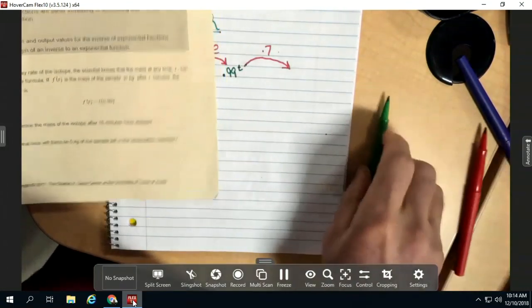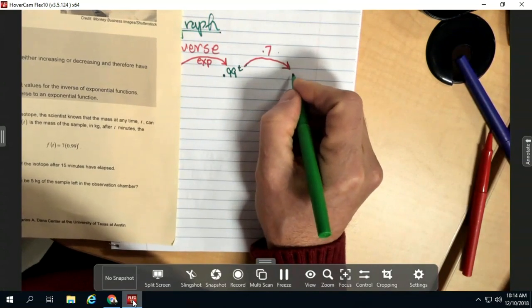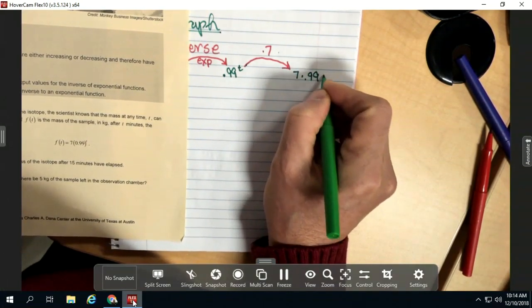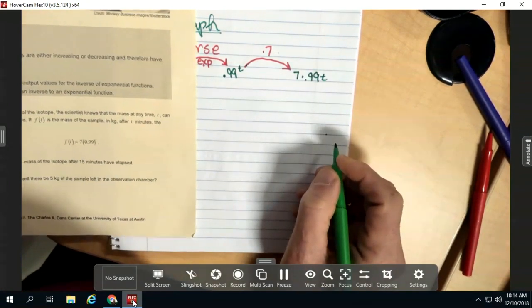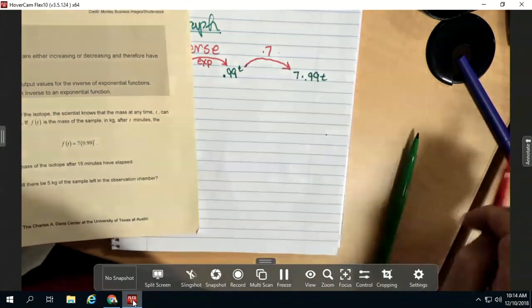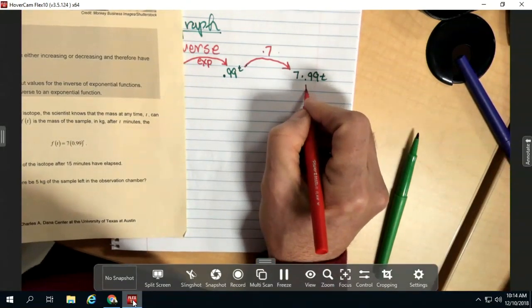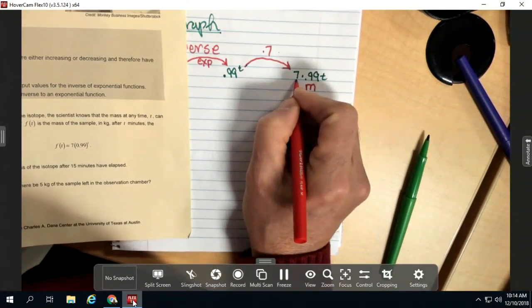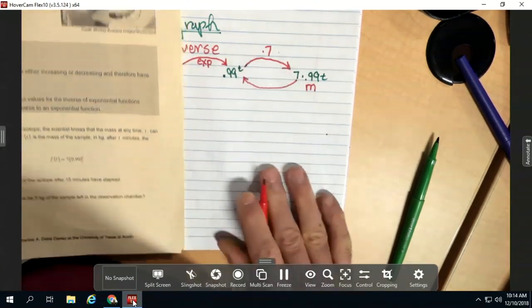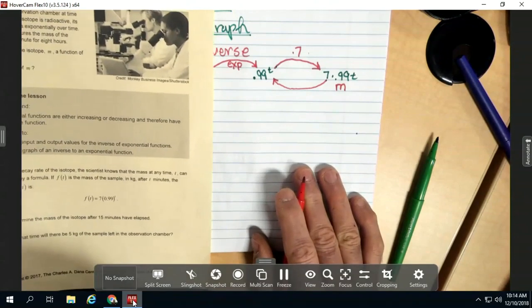Very good. And we get 7 times 0.99 to the t. That is our mass. How do we go from mass back to time?